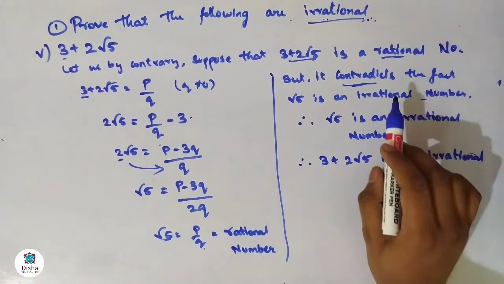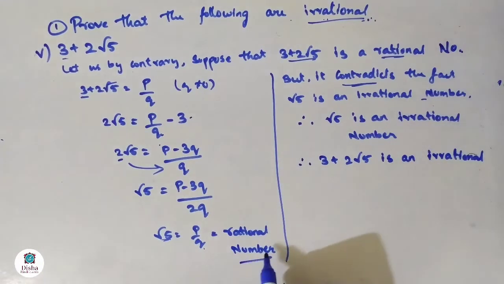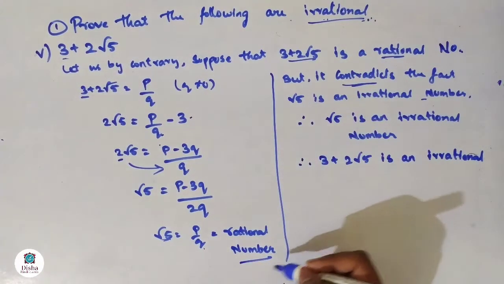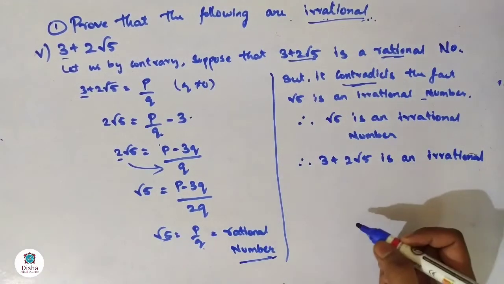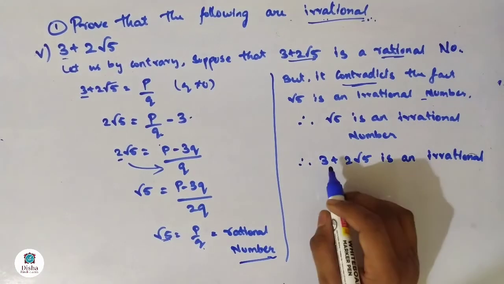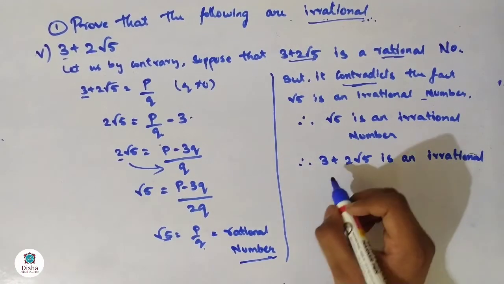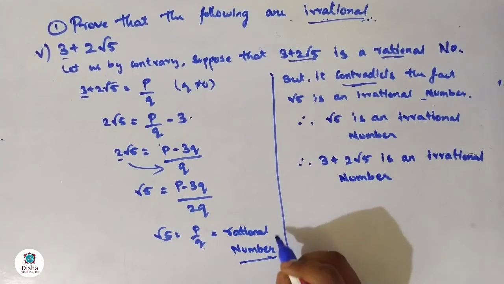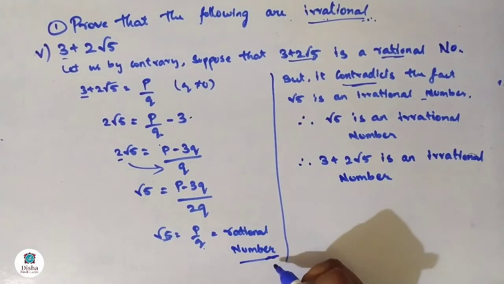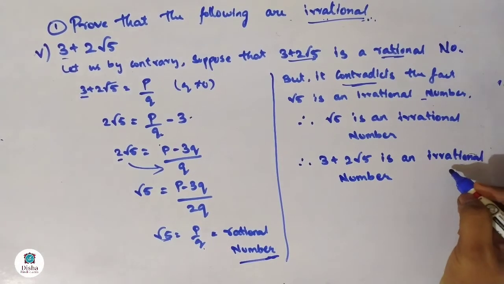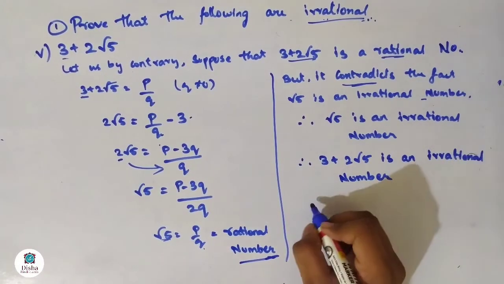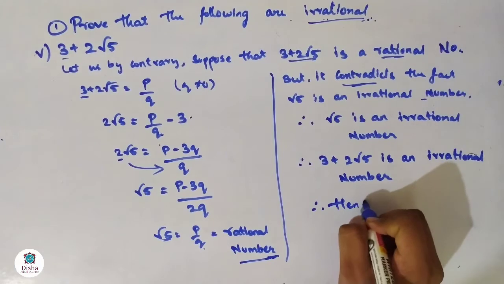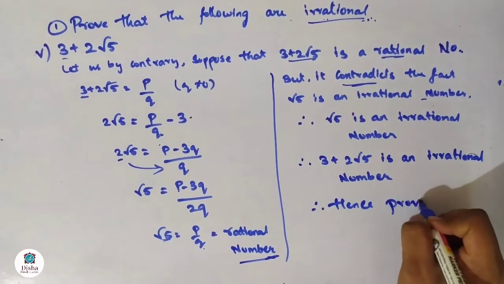We have taken the opposite, so we have got the opposite answer. So what will be the correct answer? So 3 plus 2 root 5 is an irrational number. Therefore, hence proved.